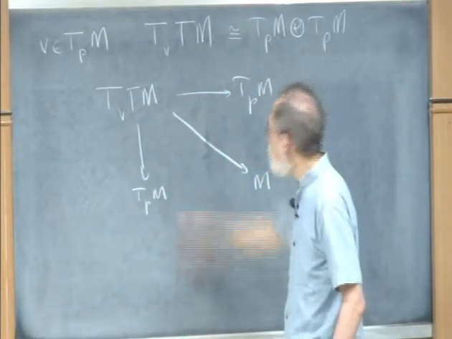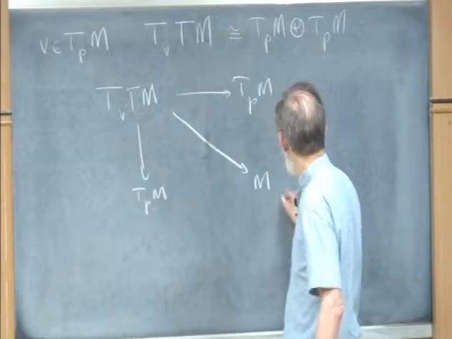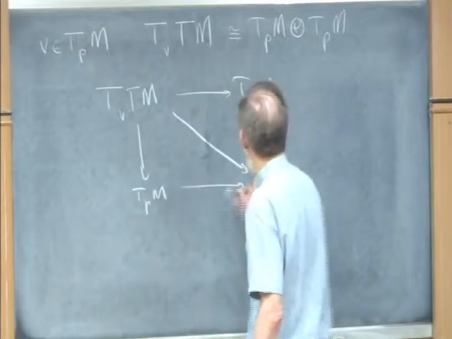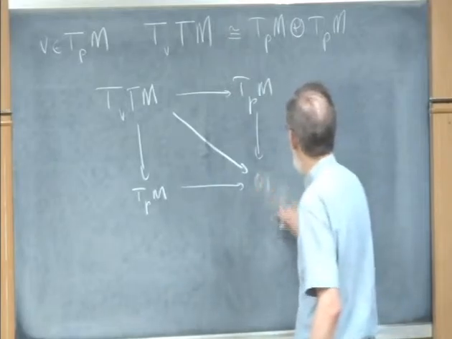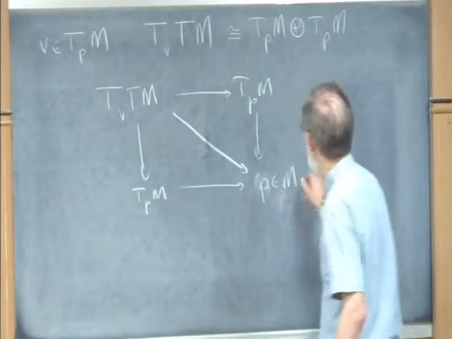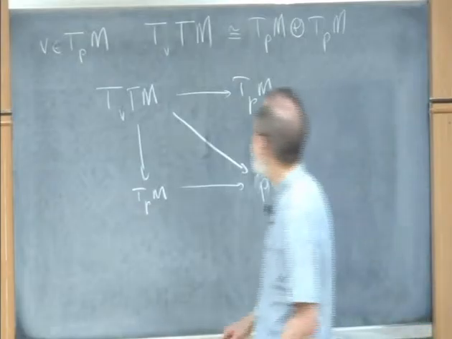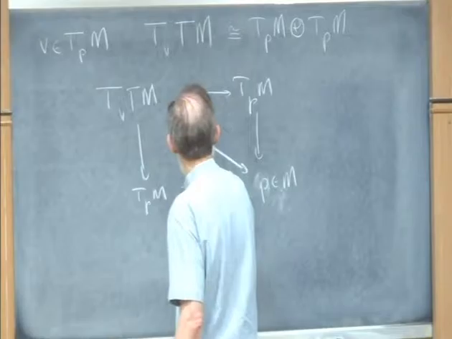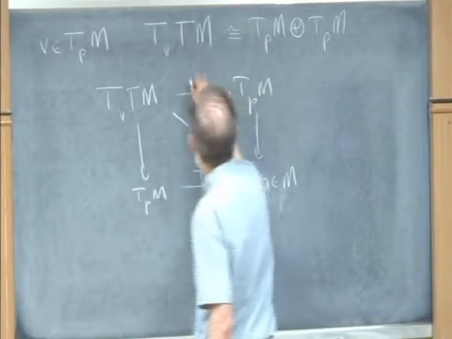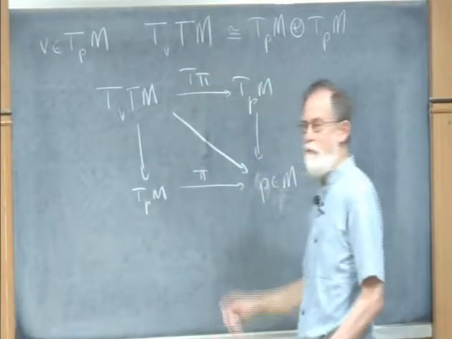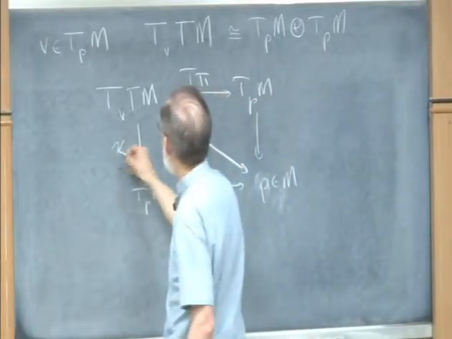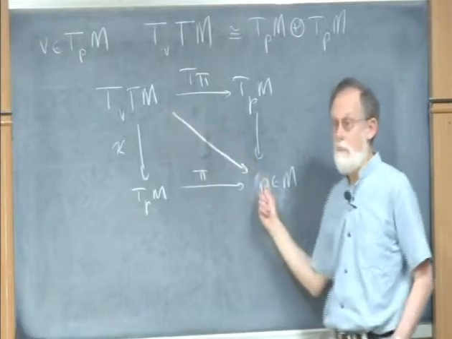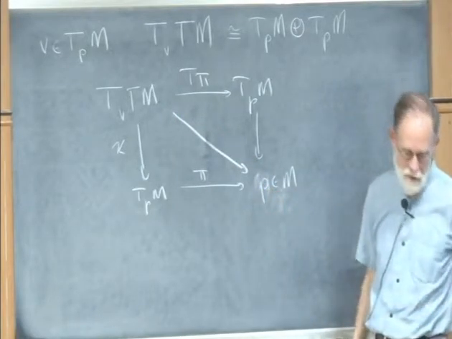So this goes P, maybe I should put P in EM, and see, that's the projection. This is the derivative of the projection. This is the connector map. And this is projection. This is a composition of two projections.